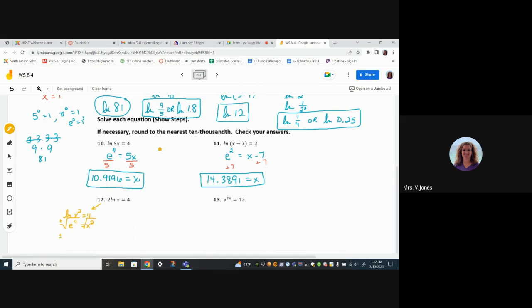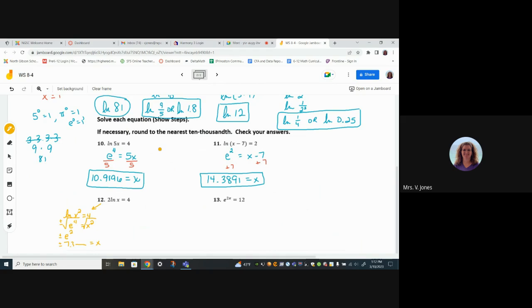Square root of e to the fourth is e squared, or you may have just typed it in and you've got this number sitting there. The number that you would have sitting there would be 7.3 and some other stuff, all right? And that would be your answer.